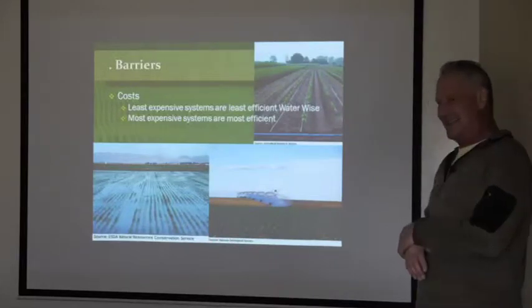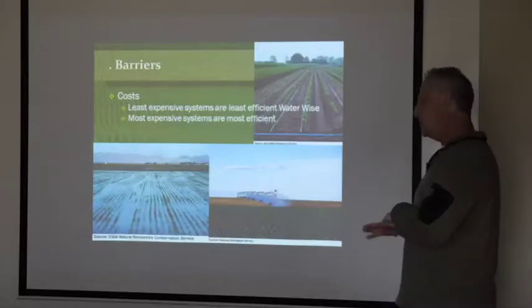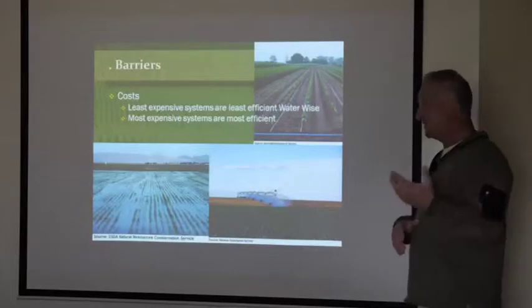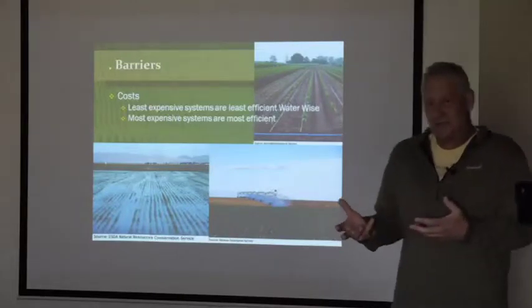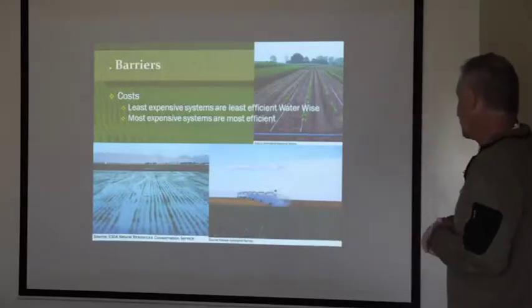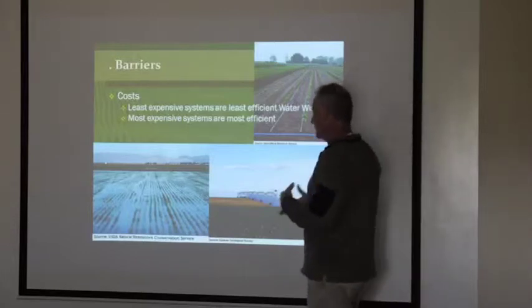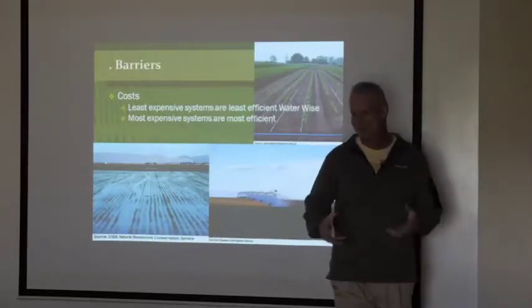Costs, like anything, the first cost is a huge barrier. It just happens that the least expensive systems, like flood irrigation, are relatively cheap, so you can just flood the field. By the way, this is not a very good picture. I think this is rice, and rice has to be really wet like that.